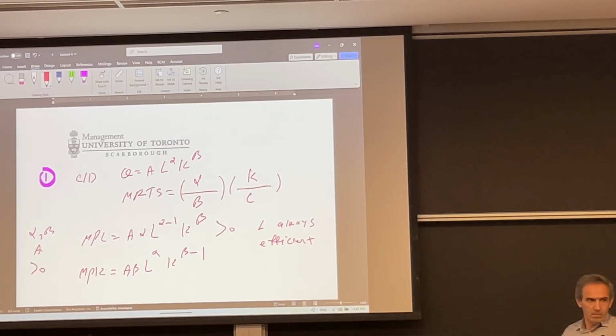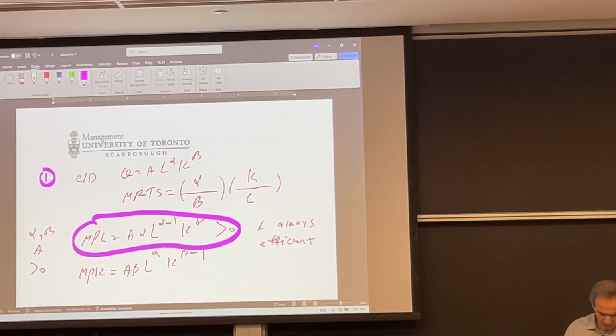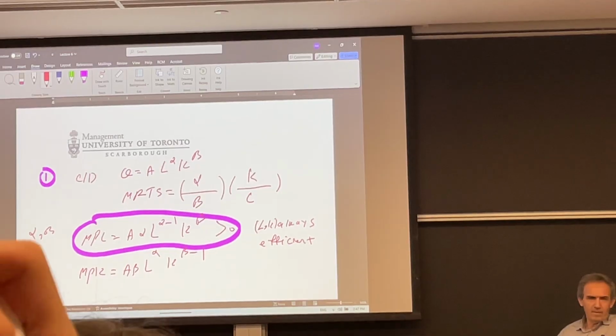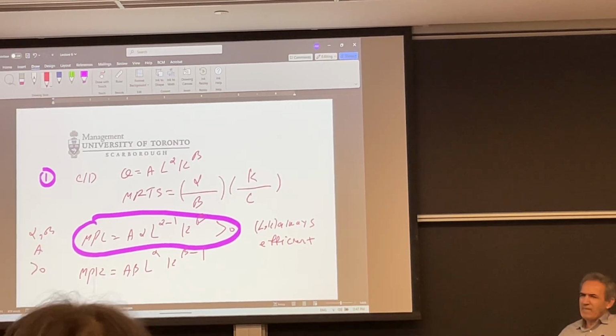They're always efficient. Alright? What about diminishing marginal returns? Do you think diminishing marginal returns always hold or does it depend? Look at MPL and then MPK and tell me. Efficiency always holds for both MPL and MPK. What about diminishing marginal returns? Would it hold? Yes or no? DMR is basically the second derivative.